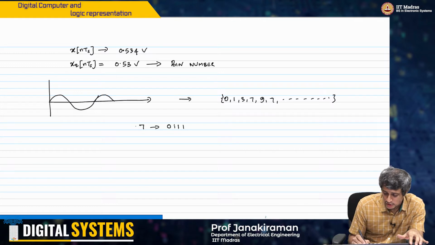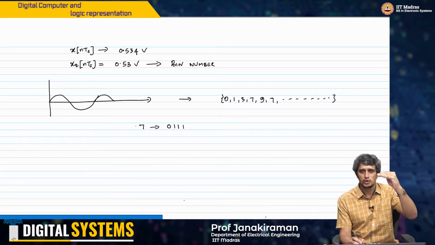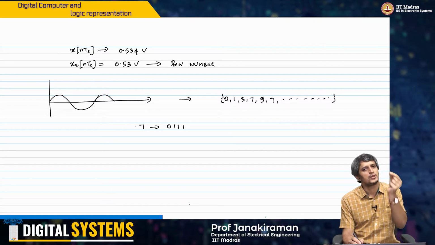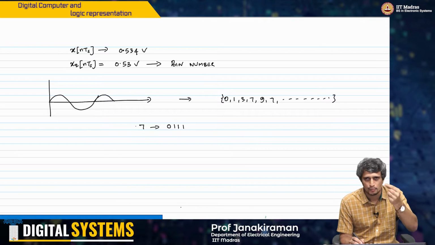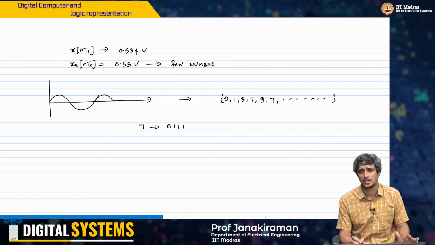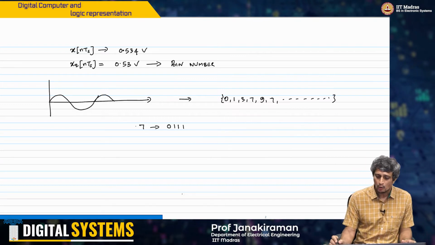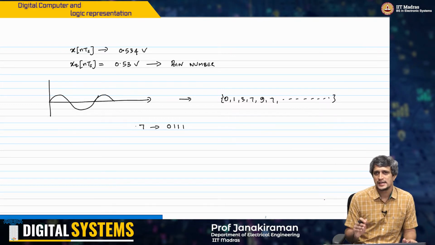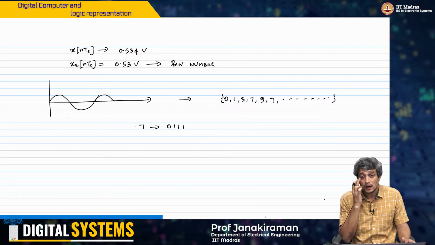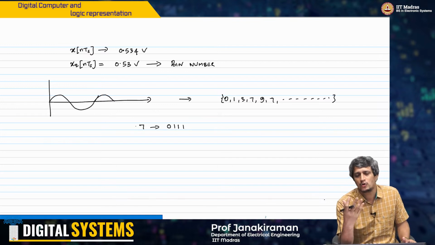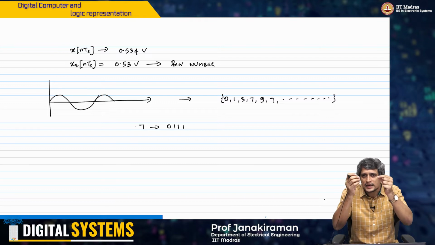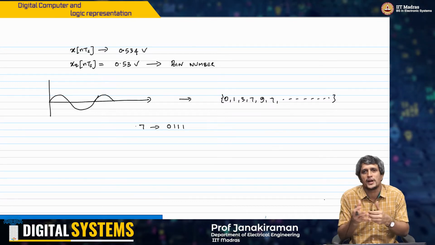Once you convert it to a binary number, each bit can either be 0 or 1. This can be stored in a digital computer or processed. You can do addition, multiplication, whatever you want inside the digital computer. Now the question is, this logic 0 and logic 1 are our ways of representing it. It is a human representation of the exact data that we are trying to operate on.